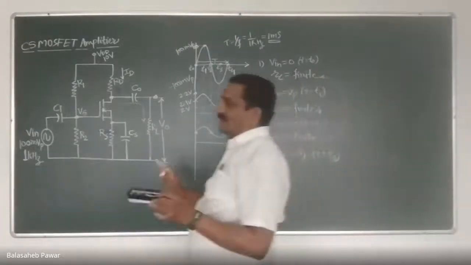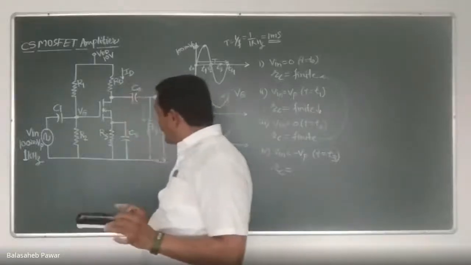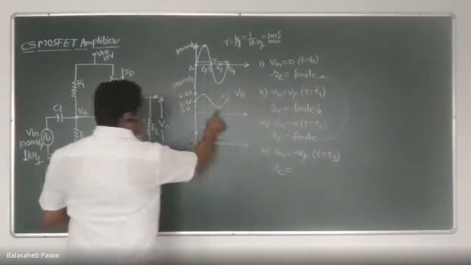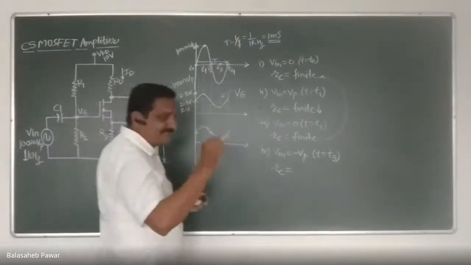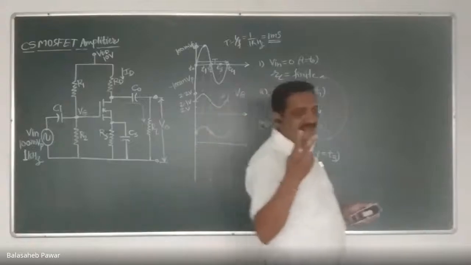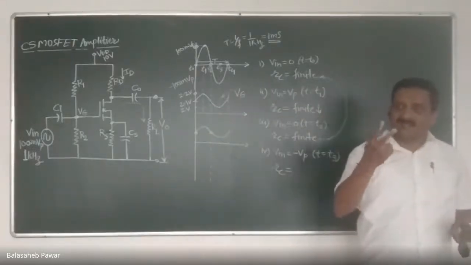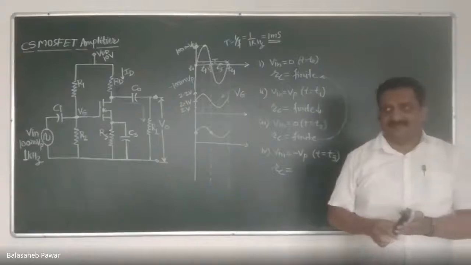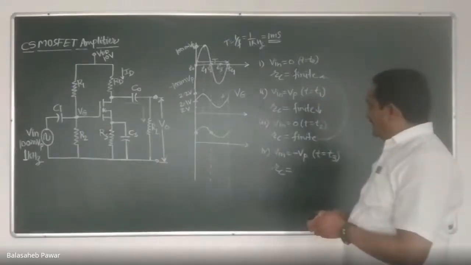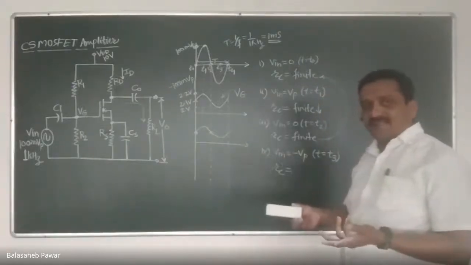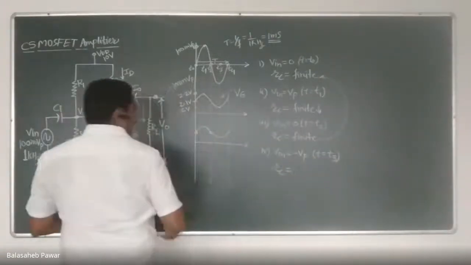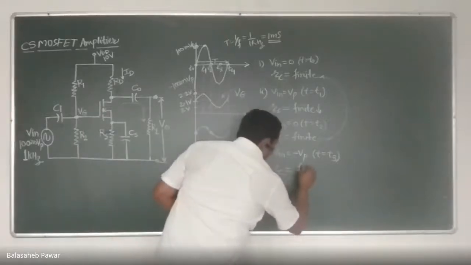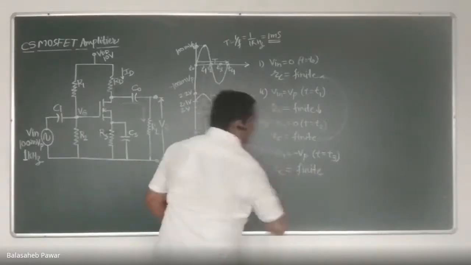First of all, infinite or finite? Finite. Don't say infinite, it will be finite because at t equals t3, the gate voltage Vg becomes 2 volts, which is greater than Vt of this transistor. And whenever it is greater than Vt, the channel resistance will be finite. So don't say infinite, okay? So the channel resistance RC will be finite.